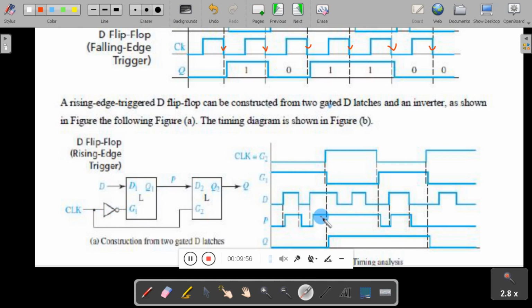It will maintain that only. But Q, the output of the second latch, responds to P, and here you can see the output Q changes, and this proceeds till the next clock cycle.